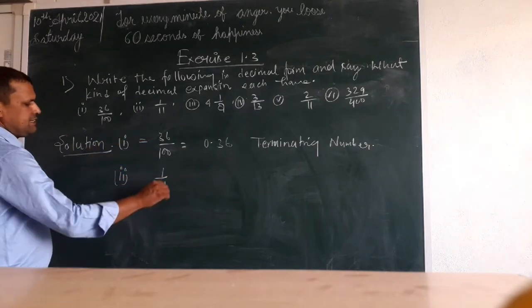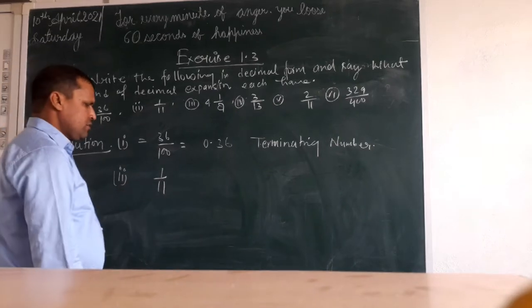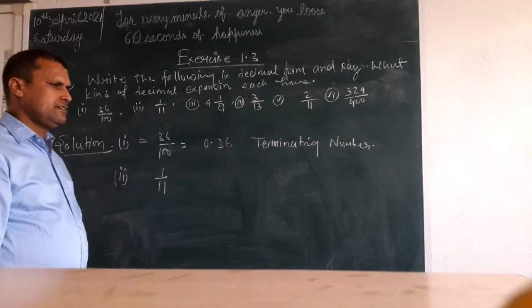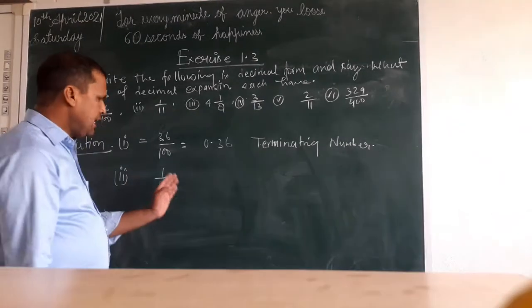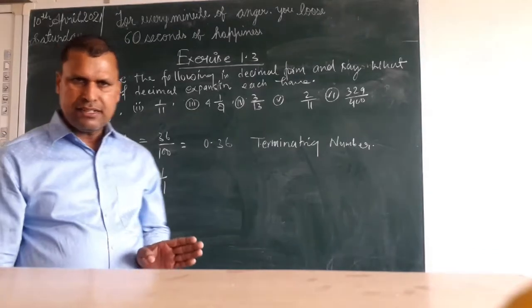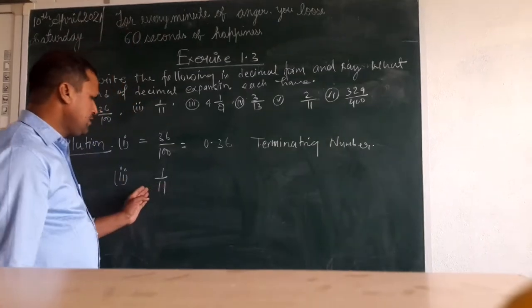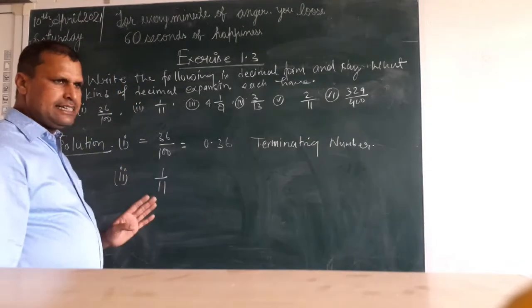1 by 11. There are two methods to check. One method: divide 1 by 11 and find whether it is terminating or not.